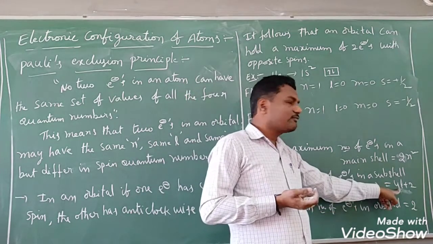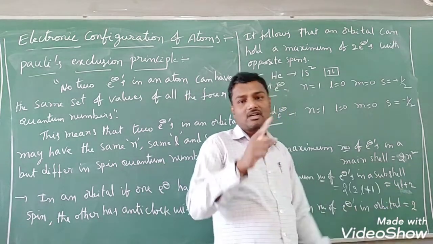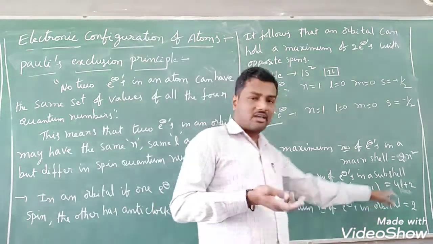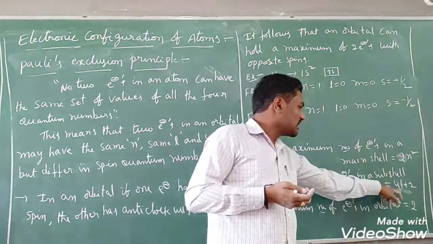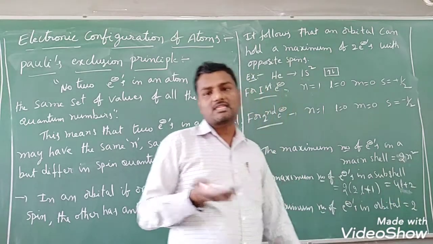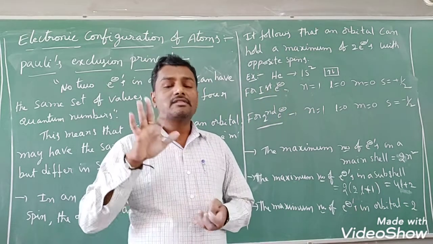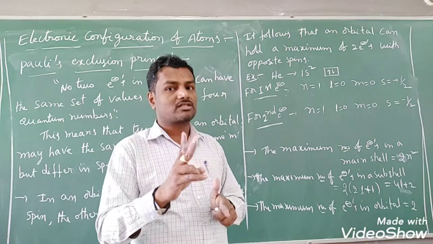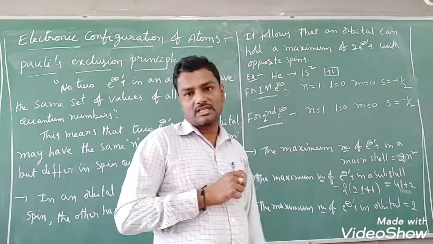You can substitute here. 2 fours are 8 plus 2, 10 electrons. Because the d subshell possesses how many orbitals? 5 orbitals. l equals 3 in case of f subshell, right? 3 fours are 12 plus 2, 14 electrons. Because the f subshell contains 7 orbitals, in each orbital we can accommodate 2 electrons. So 7 twos are 14 electrons, students.